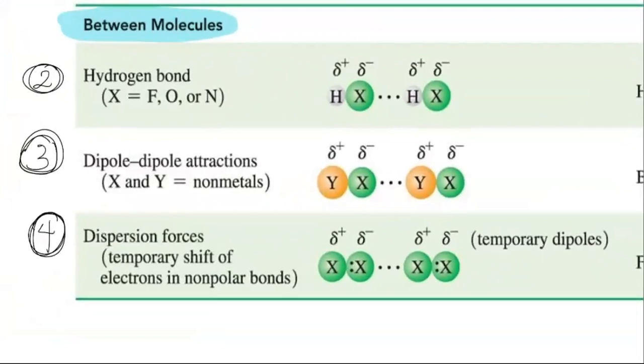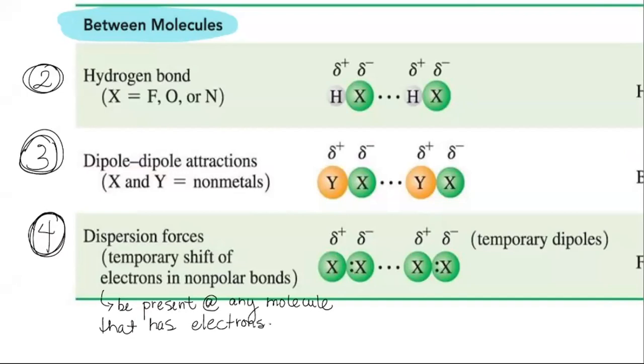The first one is dispersion forces, okay? So what is a dispersion force? A dispersion force, understand that this is going to be present in any molecule that has electrons.